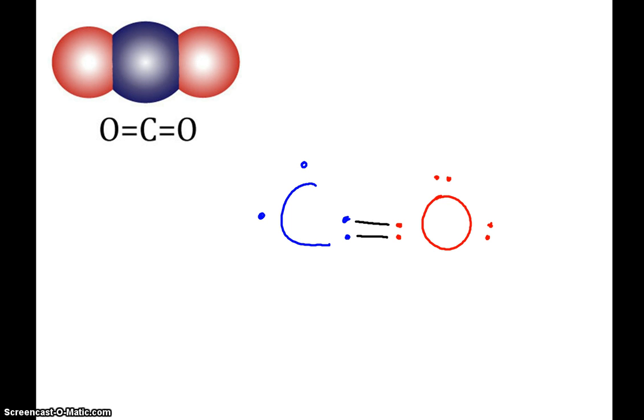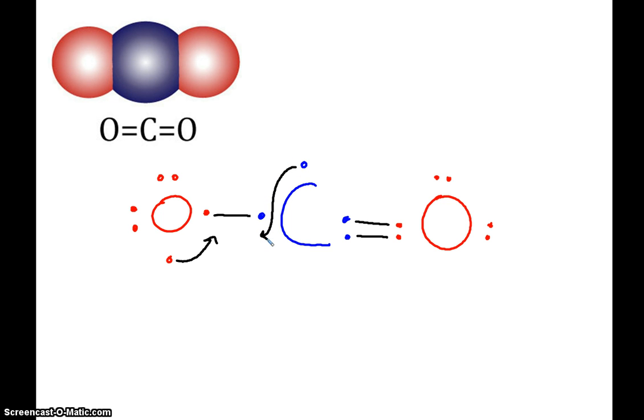Now let's look at the second oxygen over here, and I'm betting you've got a good idea as to what might happen. So first off, we'll pair up those unpaired ones right there, and then let's move electrons around a little bit.